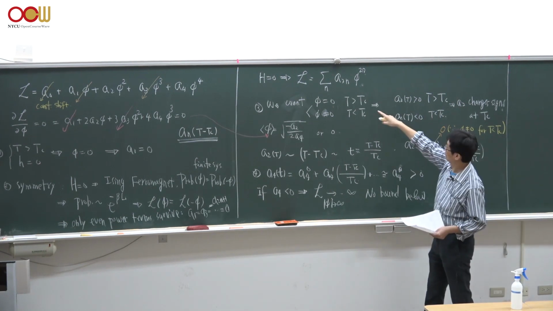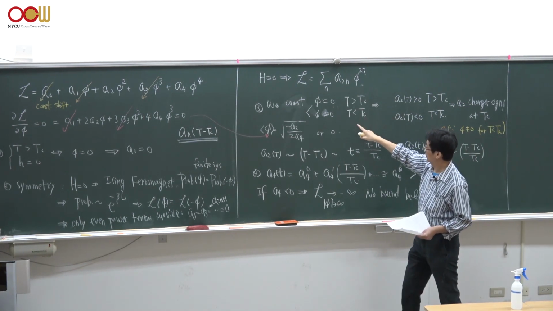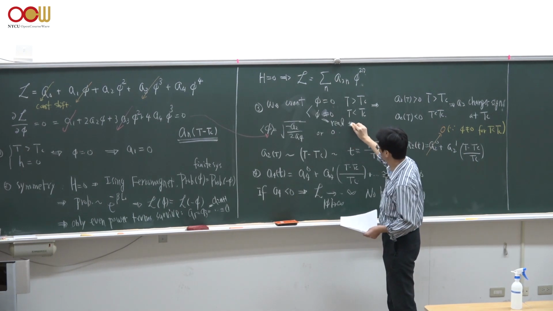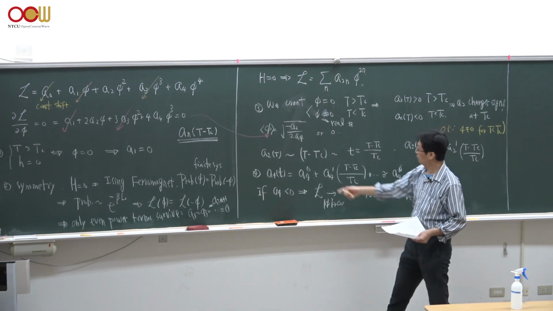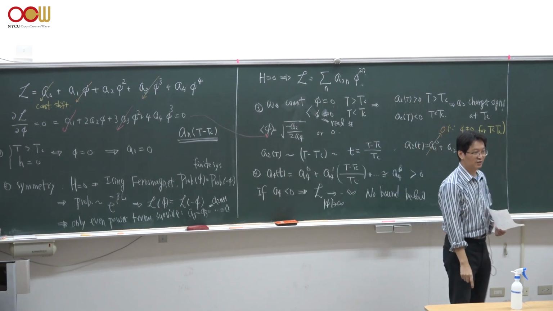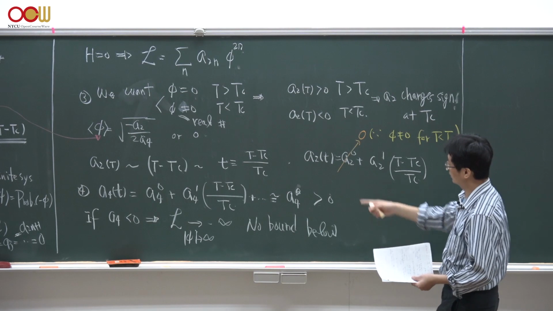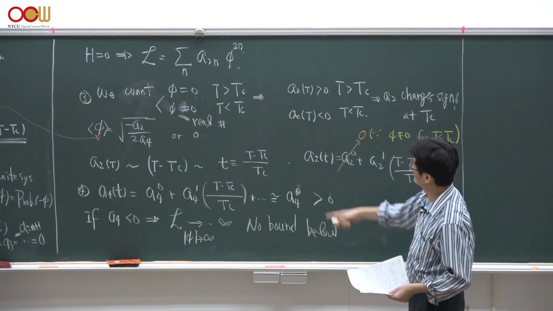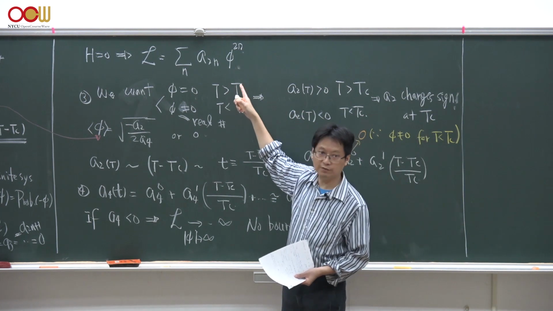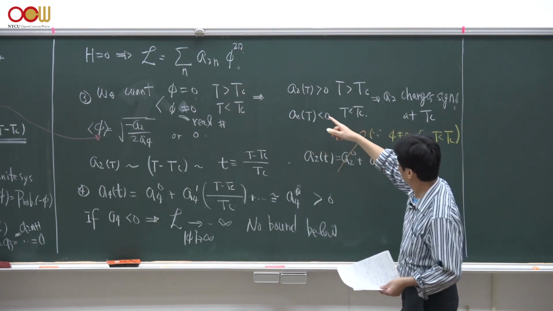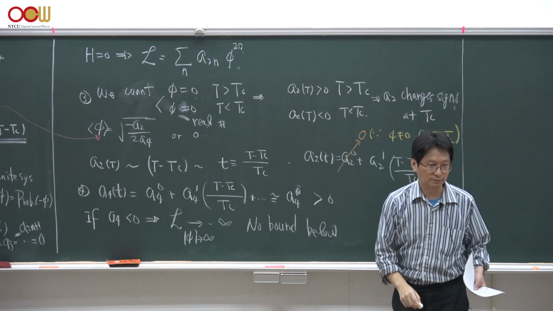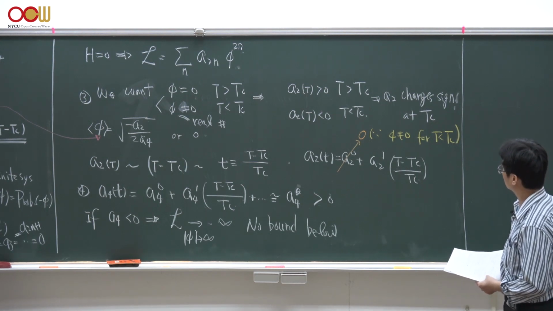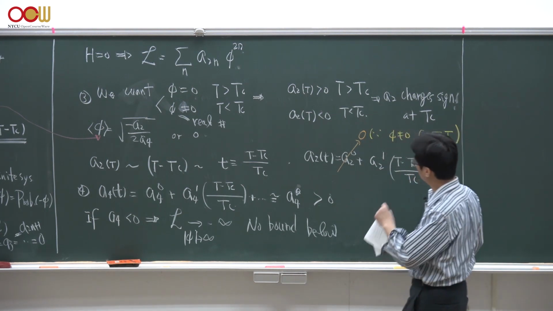But we know that whenever T is less than Tc, phi is finite, but this is actually a real number. In other words, there should not be any negative thing inside the square root. In other words, to satisfy this, the real value of the order parameter below Tc, and also the value of the order parameter above Tc, the only solution is that A2 is a function of temperature, and it is positive when T is above Tc, and negative when T is below Tc.